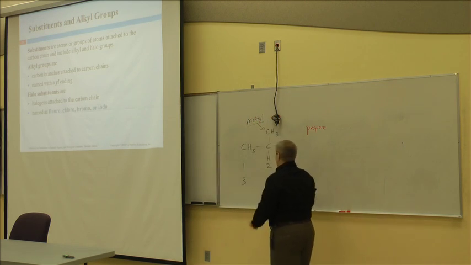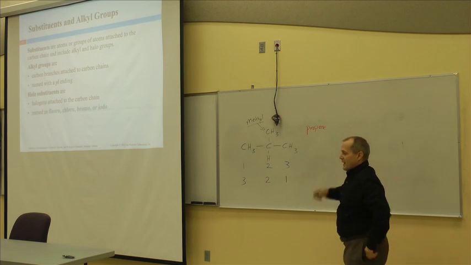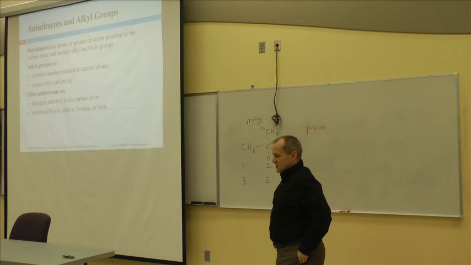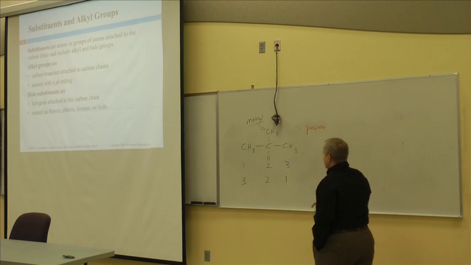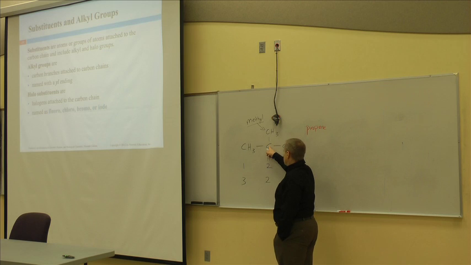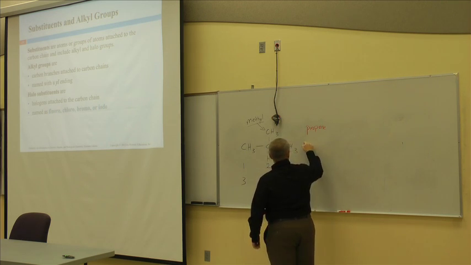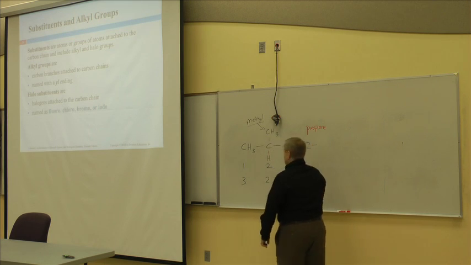That's called methyl. Now, using the blue ink, and don't worry about the black ink just yet. What carbon number is this? 2, right? So we would write right here, 2 dash.